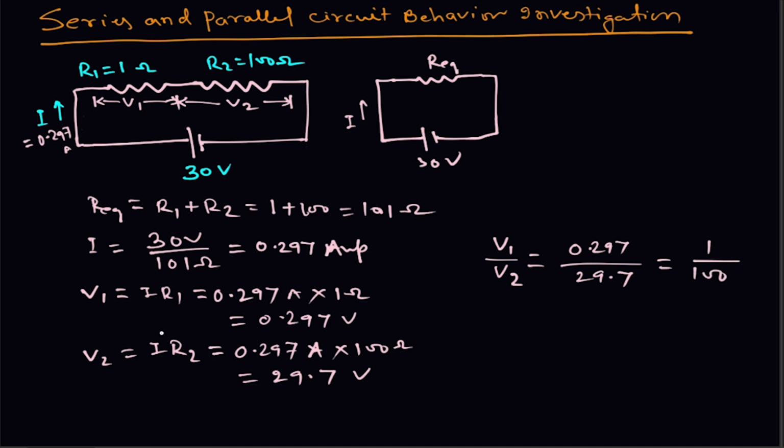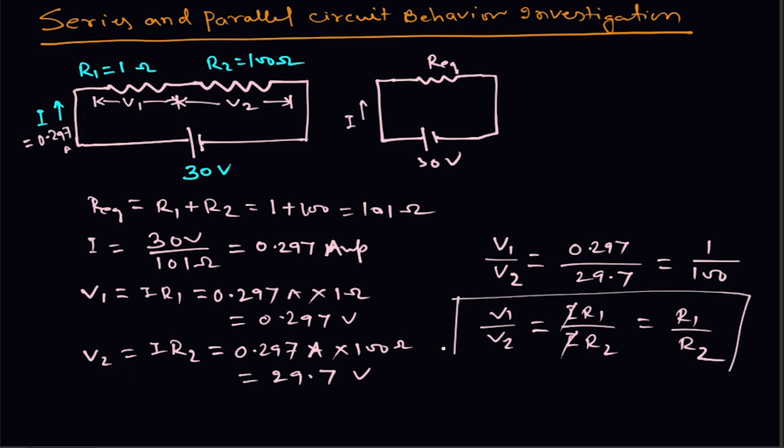Now if we divide V1 by V2 from the equations, it will be I R1 divided by I R2. So cancelling I, that is equal to R1 divided by R2. What we are getting here? V1 divided by V2 is equal to 1 divided by 100. This is very important. So you should remember that when the resistances are connected in series, the voltage across them are in proportion to the resistances. That is the important concept here.